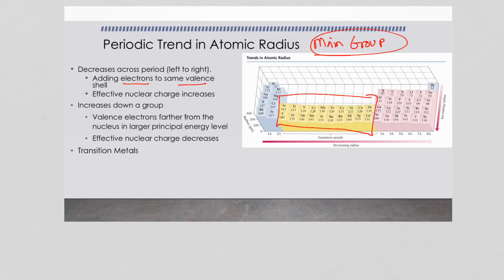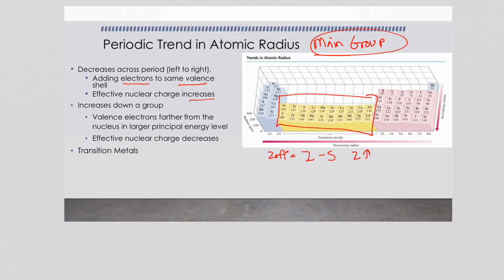So if we're thinking about Z effective equals Z minus S, if S is relatively constant as you go across, Z is increasing because you're adding protons, S is staying the same, so your Z effective gets bigger as you go across, which means those valence electrons are going to be held tighter and tighter, which means they're going to be pulled in, sucked into the nucleus a little bit more, making the atom a little bit smaller. So that's how we can explain why the size of the atoms gets smaller as you go across.